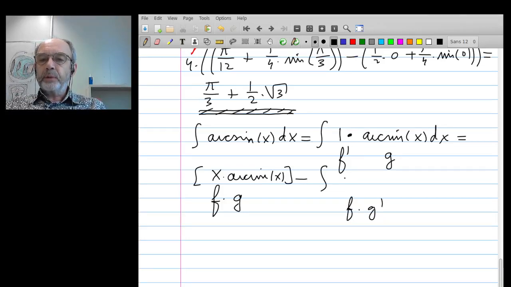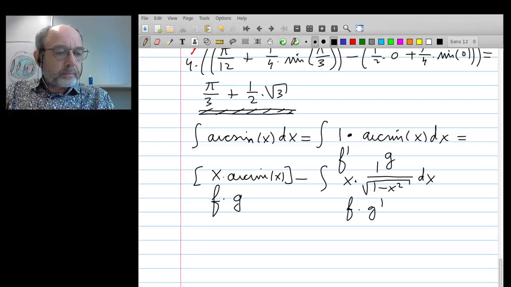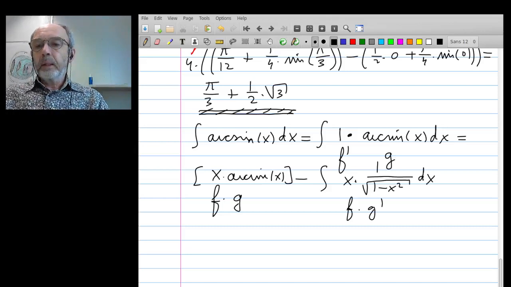Now f was x, and the derivative of the arc sine I have also, that becomes equal to 1 divided by the square root of 1 minus x squared, dx. Okay, and then we can go on.